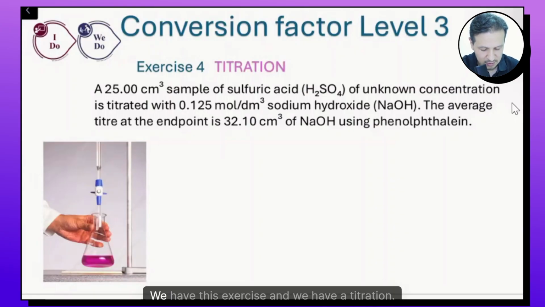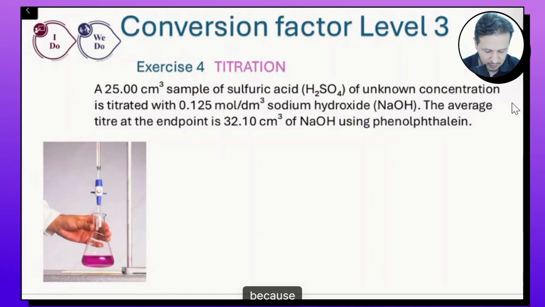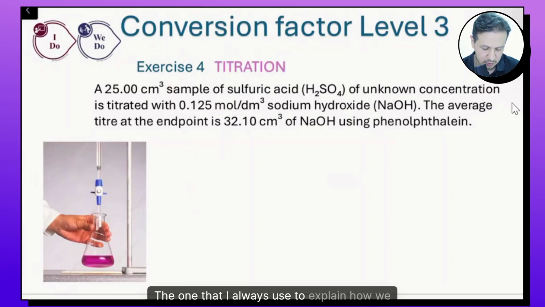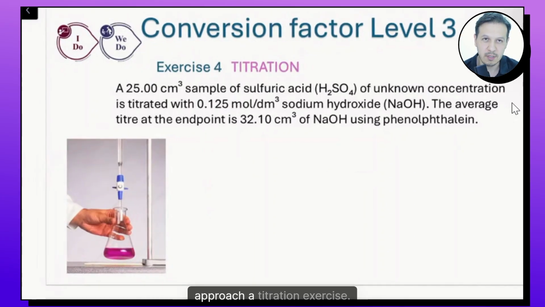So guys, look at this. We have this exercise and we have a titration. I love titrations because you can develop many skills, not only math skills and chemistry skills, but also you need to imagine a lot of things. I don't need to draw the diagram that I always use to explain how we approach a titration exercise.